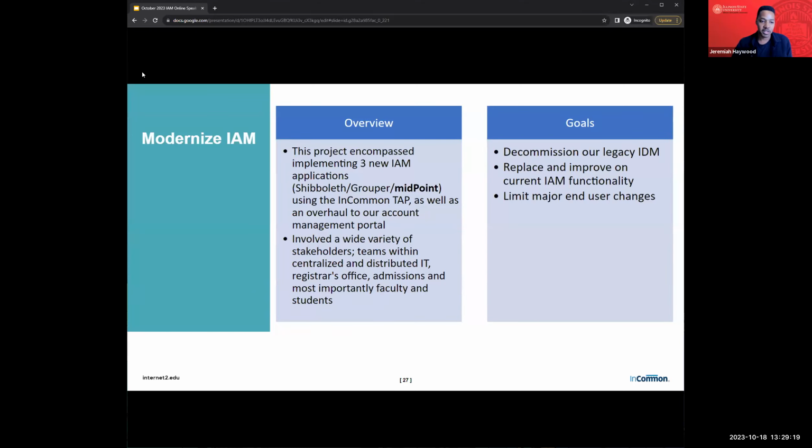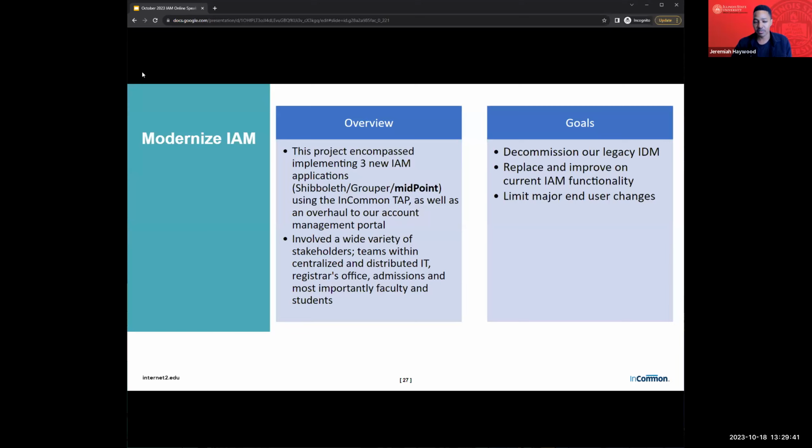It encompassed implementing three new IAM applications, Shibboleth, Grouper, and Midpoint, all from the Trusted Access platform, as well as an overhaul to our account management portal, which sits right in front of our identity management system, where end users are able to log in and change their password or do preferred name requests and things of that nature.